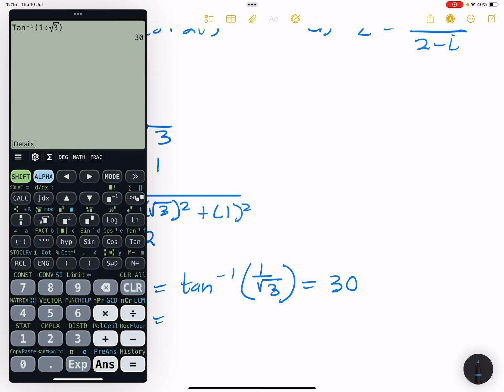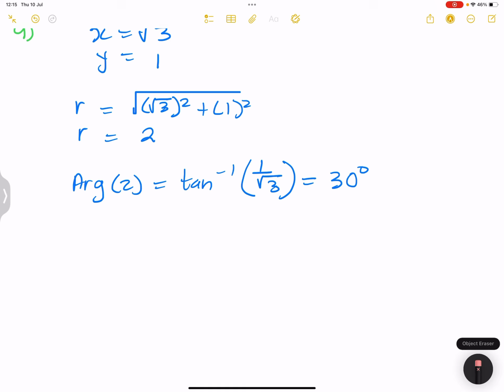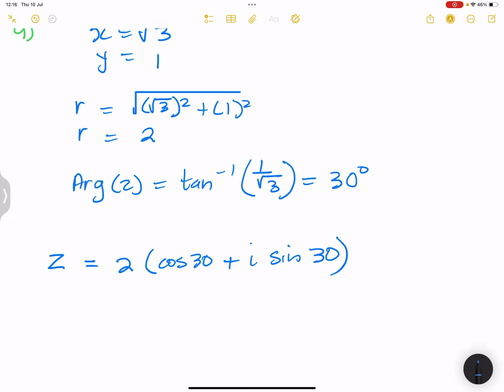So let's write it down in polar form. Remember R cis. In this case, Z would be R, that's 2, times cos of 30 plus I sine of 30 degrees. And that's what it looks like in polar form.